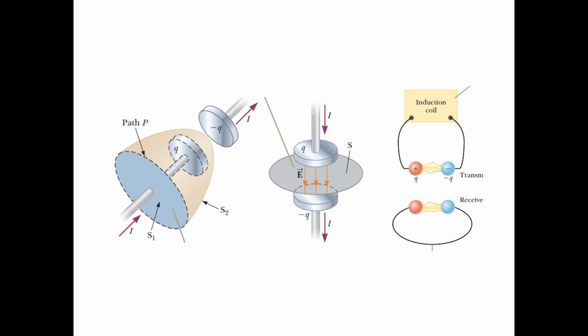However, if we consider this surface S2, then what will be the current? Do we have any conductivity current between these two plates of a capacitor? No. It's insulator in between these plates.